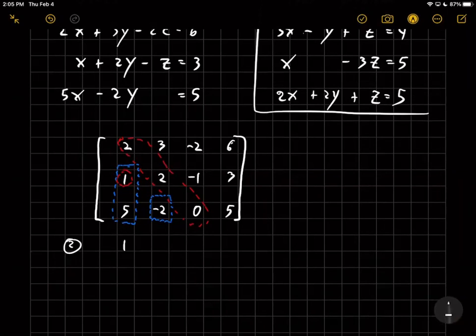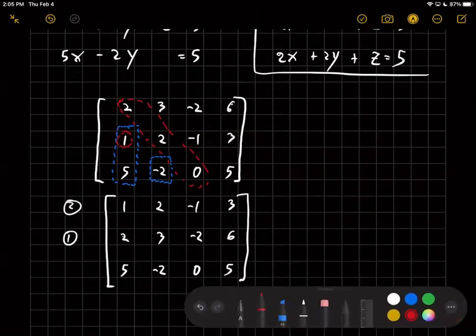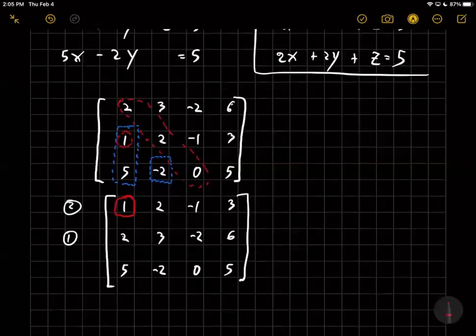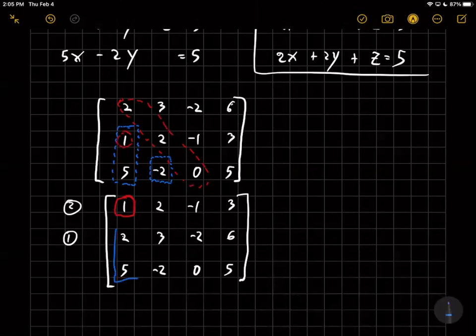So I'll have 1, 2, -1, 3 on top, and I'll take the old row 1, which was 2, 3, -2, 6, and keep row 3 exactly the way it is, 5, -2, 0, and 5. And this gives me a new matrix. So we have one of the goals already. We have a 1 right there. Now we're going to use that 1 to make both of those into zeros.